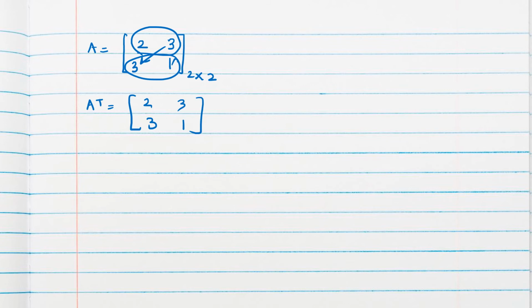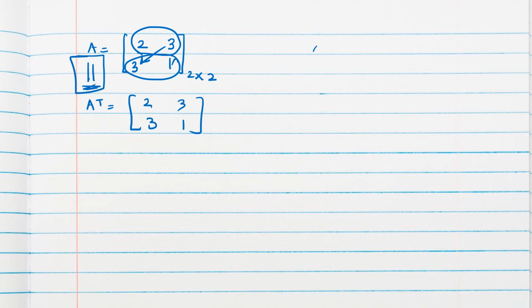Okay, you write 3 here, so 3 should come here. So this is of order 2 by 2. This is a symmetric matrix. You can verify. How will you verify? You find A transpose here, you will get the same. See 2, 3, first column, 3, 1, 3, 1. They are equal, isn't it?